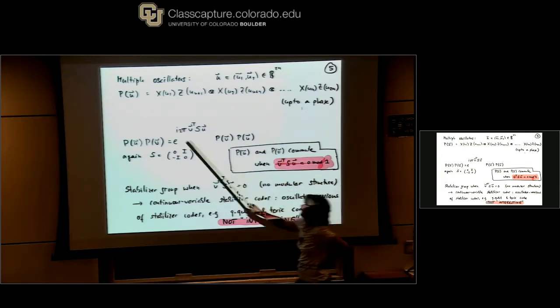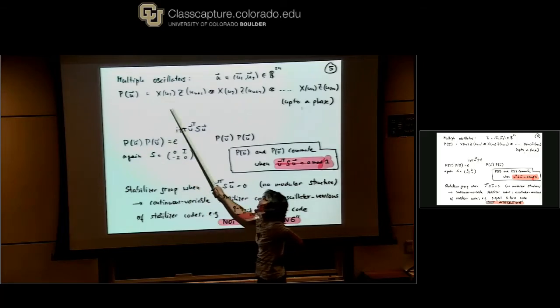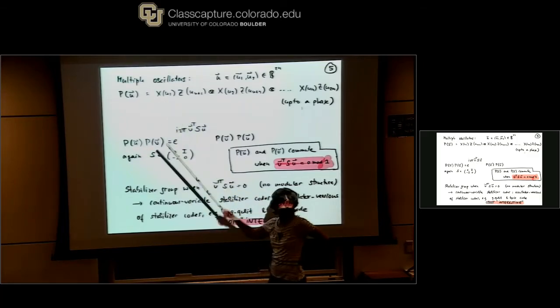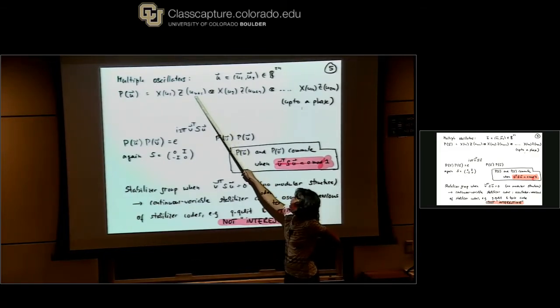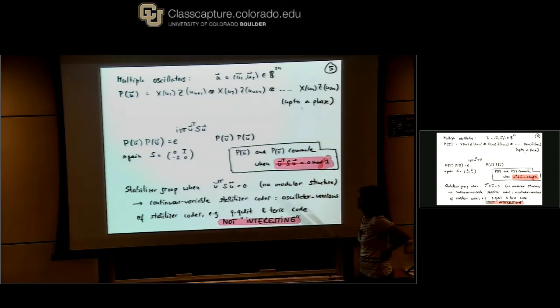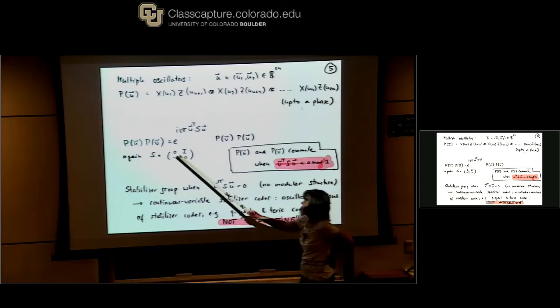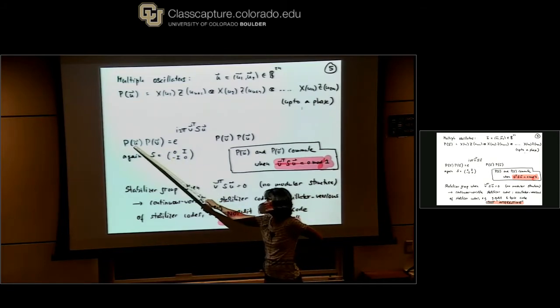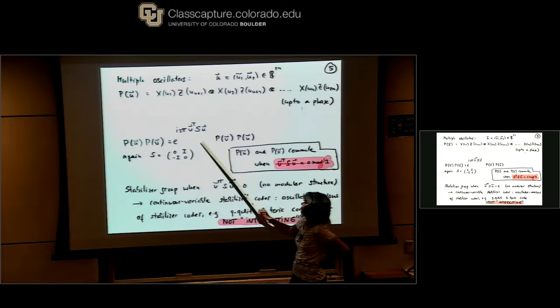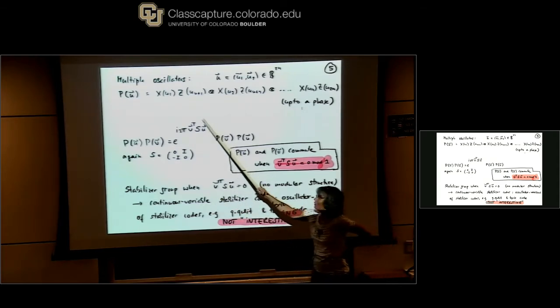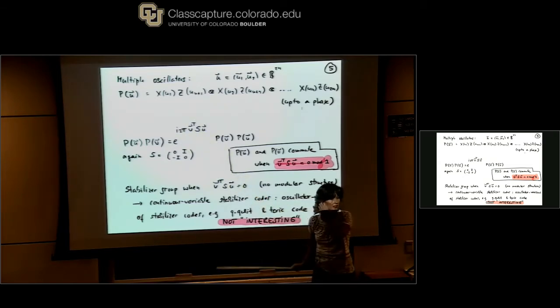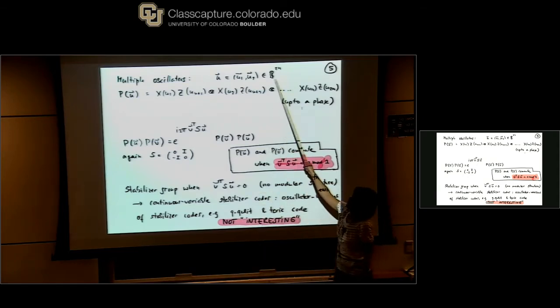And so I can write my PU, very similar to my Paulis, an XU1, according to the definition I gave on the previous slide, and an element Z U n plus 1, etc. This is again up to a phase. And so you can construct again the inner product. If you have two multi-oscillator displacements, you can again look at their commutation, and there is an overall phase factor which depends on the symplectic inner product between these vectors, but these are vectors in R to the 2n now.